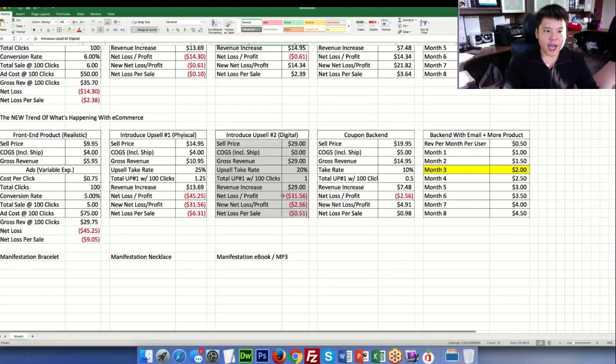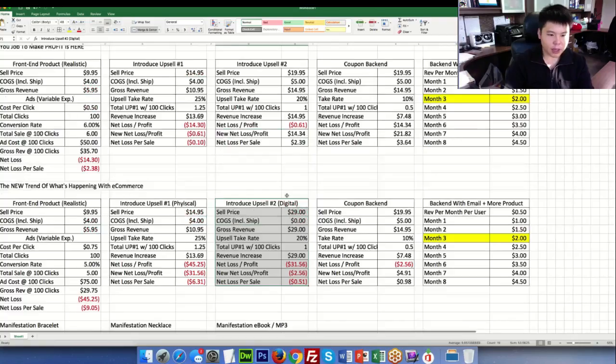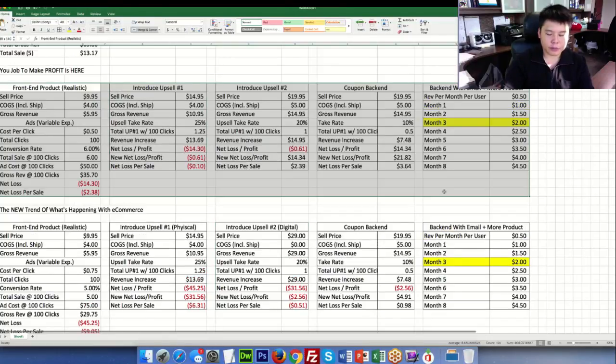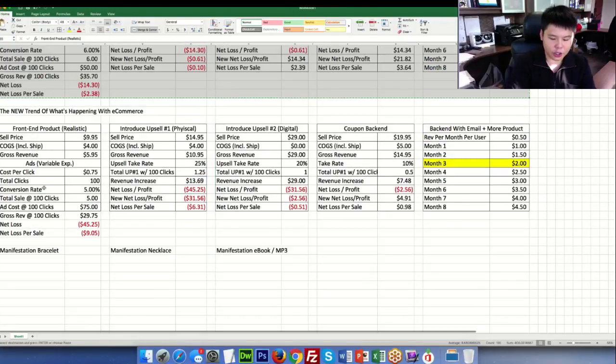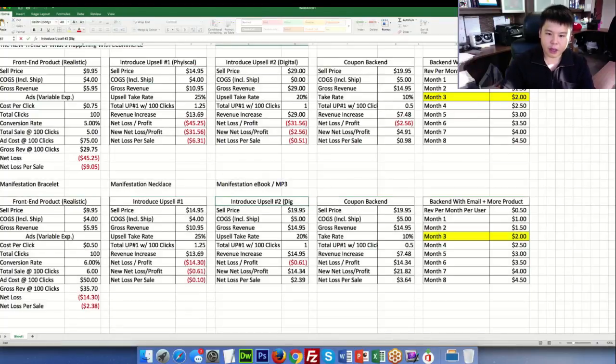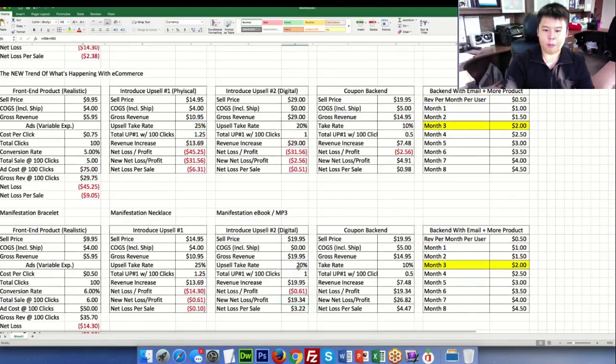If we take this example over here and put it into digital, why did it not carry through the math? I hate this. Here, your profit is $14.95, and this is going to be $19.95. No, wait, we're using $20, so that doesn't matter. We can use $19.95 right now, and you can see you can instantly make a lot more money.